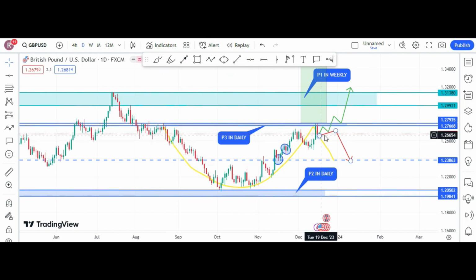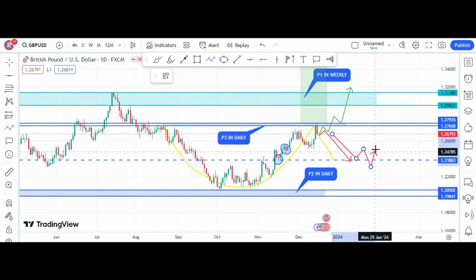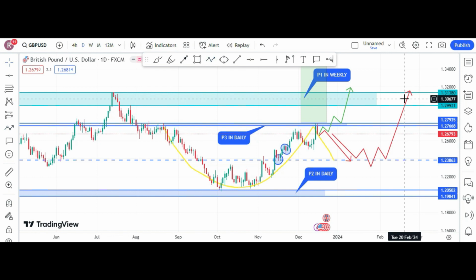In my opinion, I am currently thinking of this leg first, then this leg. So the other option we can have is this: the price will come here, retest, retest, retest, and then the price will start moving upward like this, in the same zone of this.